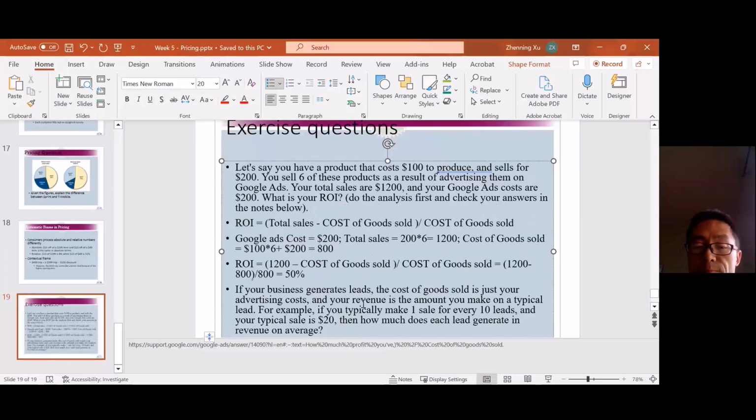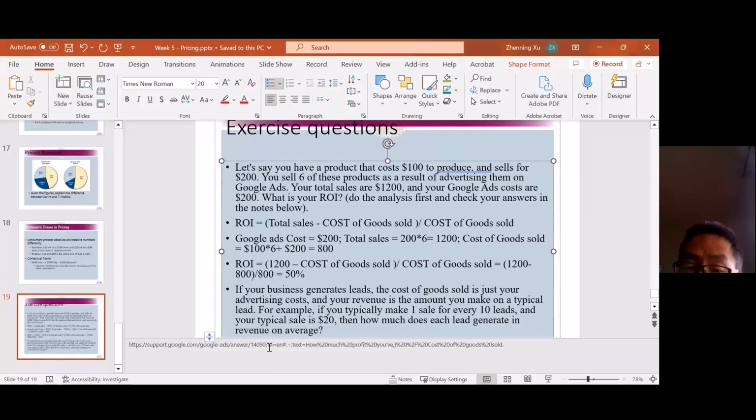So finally, one more example. Companies, when they generate leads, also think about cost of goods sold, that means advertising cost. And then you calculate revenue. When you think about revenue, you also think about how much money it costs for each lead.